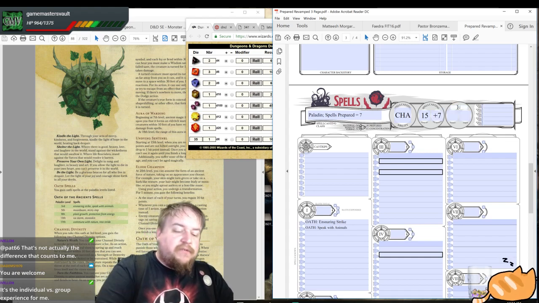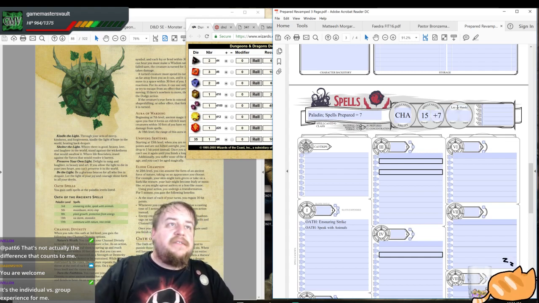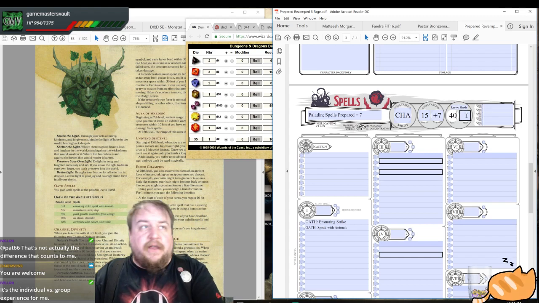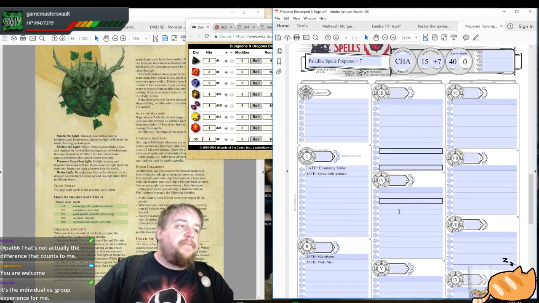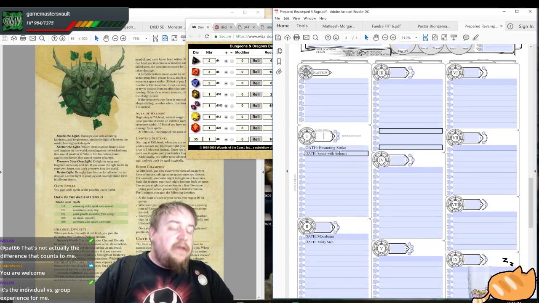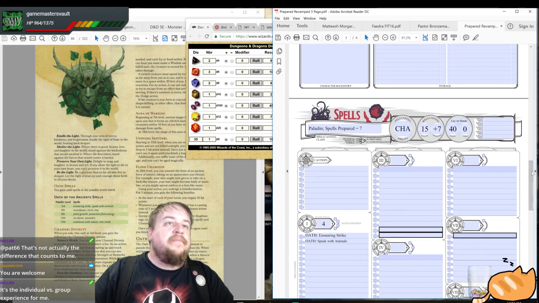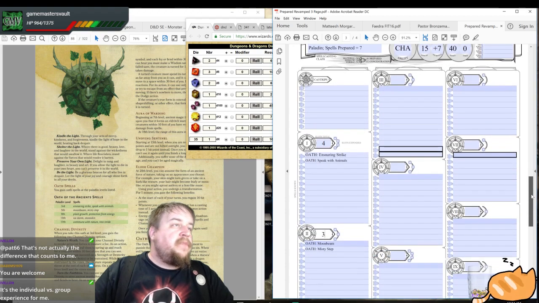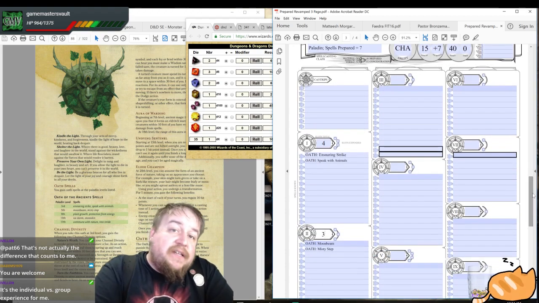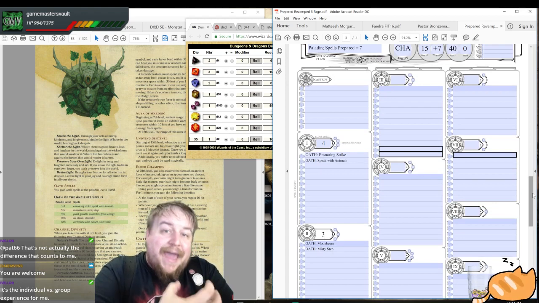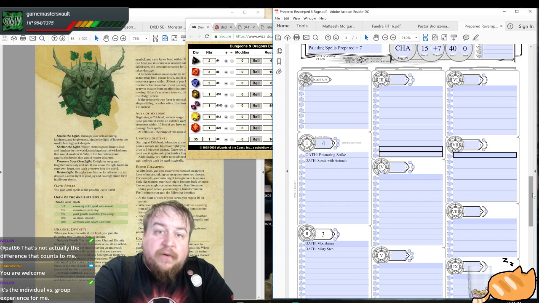Over here, as a reminder, our lay on hands pool is 40, and we've used 0 of them. We have no cantrips. However, we can cast 4 first level spells and 3 second level spells. Like druids and clerics, paladins intrinsically know every paladin spell in the book.